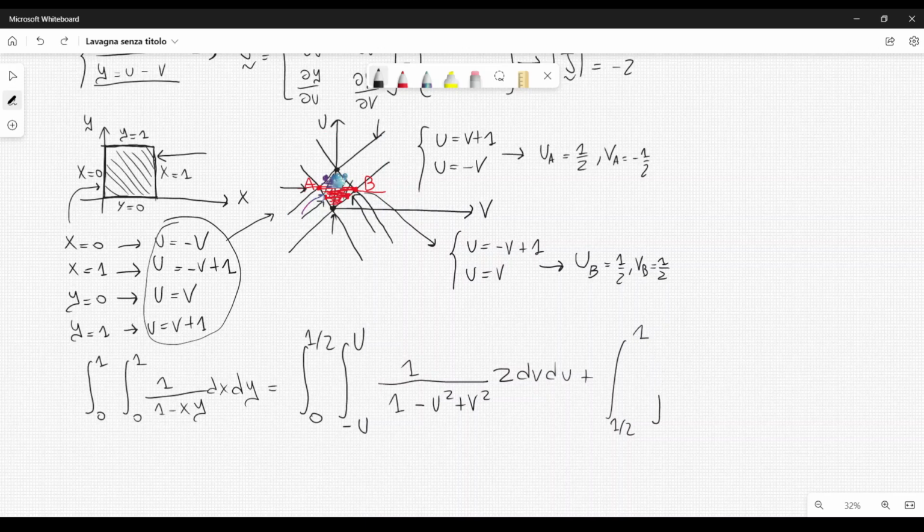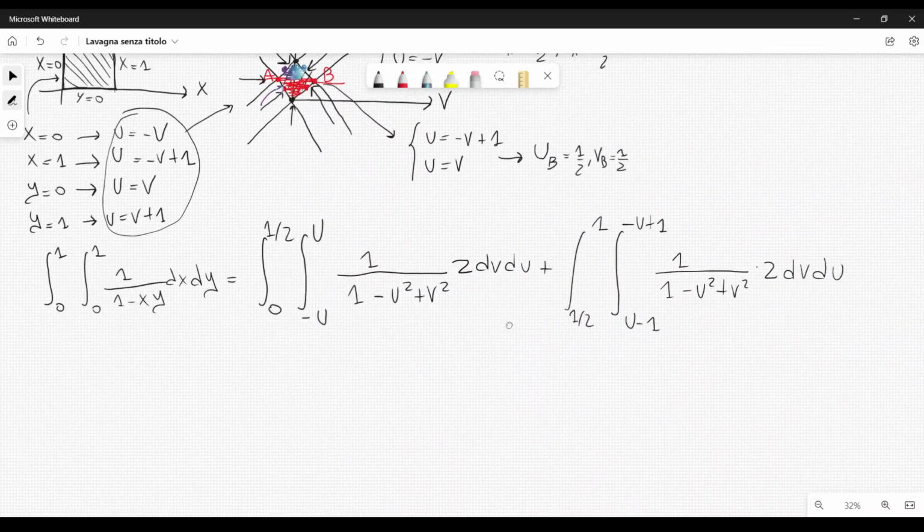Then we have to integrate from u minus 1, because we have to go from this line here where v is equal to u minus 1, and this one where v is equal to minus u plus 1. And then here we have 1 over 1 minus u squared plus v squared multiplied by 2 dv du.